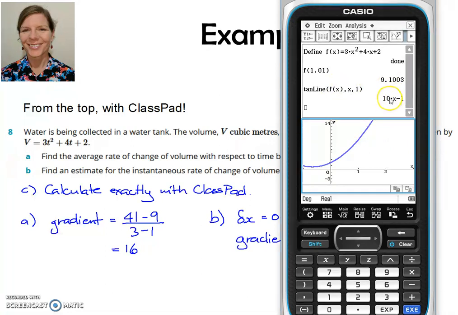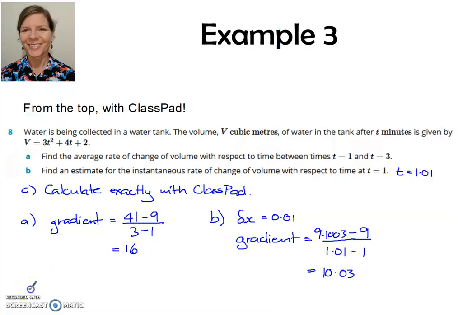That's a bit better. Okay, and then if I graph that line, there we go. So there's our function, and there's the line that is the tangent to that function at the point where x equals 1. So we can say for C, the ClassPad says gradient equals 10.